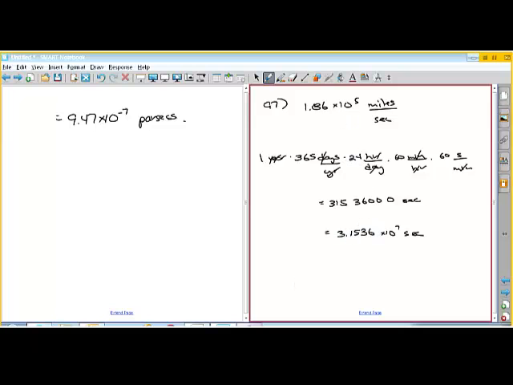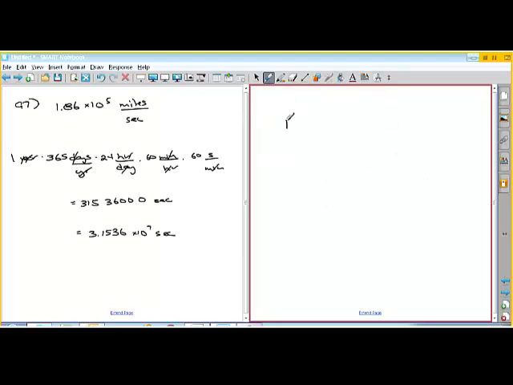So now all I have to do is multiply this times that. So if you take 1.86 times 10 to the 5th miles per second times 3.1536 times 10 to the 7th seconds per year, we multiply these two numbers together, 1.86 times 3.1536.